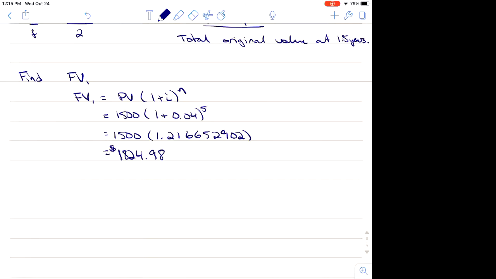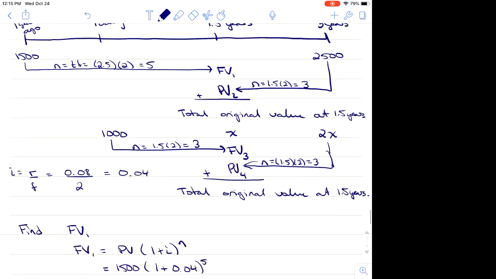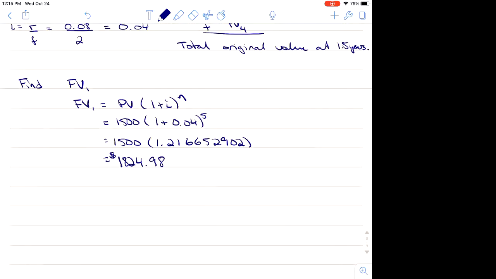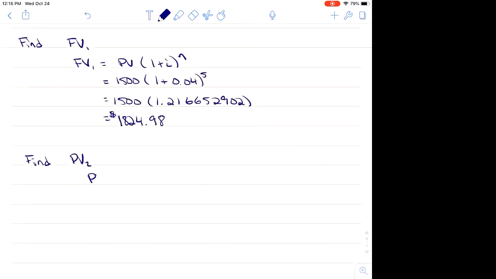All right, great. Let's find our present value 2. The future value was 2,500. So now find present value 2. We can just use the formula on our formula sheet, which is the future value over 1 plus I to the n.